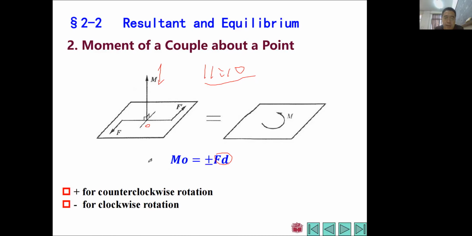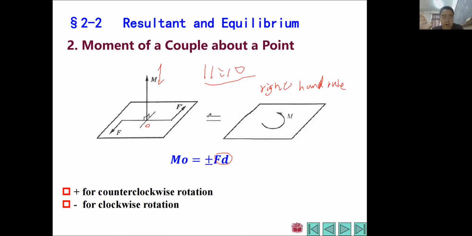So why is this? We also can use the right hand rule. Do you guys still remember? We always use this so-called right hand rule. 右手定则, right hand. It's hard for me to write things on this screen. I'm sorry. Right hand rule, R-U-L-E. 右手定则. So we just need to use our right hand.